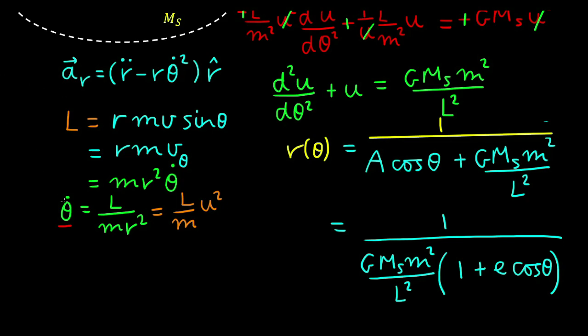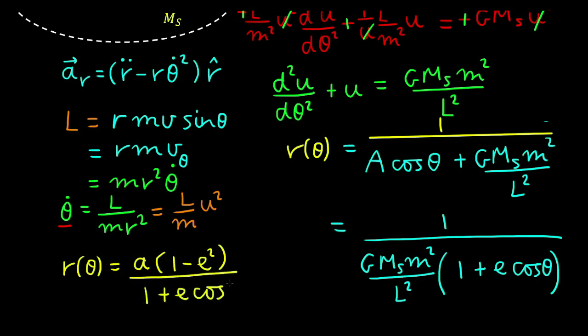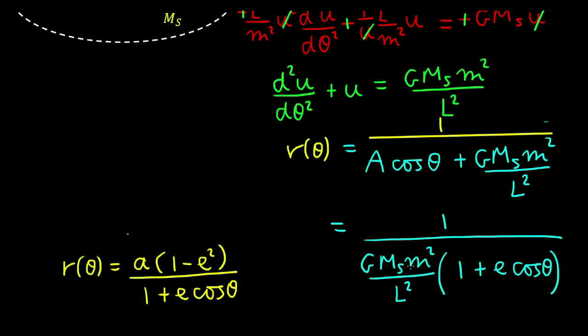So recall that the equation of an ellipse was equal to the length of the semi-major axis times 1 minus the square of the eccentricity on 1 plus e cosine theta. And that's the form we're looking for. And by observation, we see the eccentricity is equal to a, being a constant, times L squared on G M_s times m squared. So this term multiplied by e gives back a.